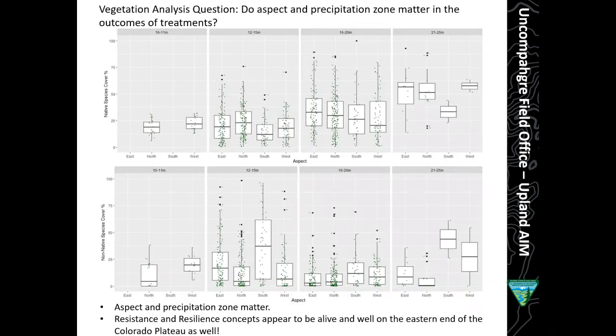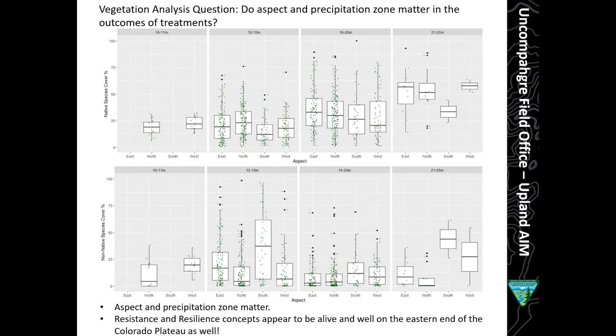Another question we wanted to look at is, do aspect and precipitation zone matter in the outcomes of treatments? So we embarked on a GIS exercise and attributed our data set with both aspect and precipitation zones. And looking at native species cover on the top figure there, lo and behold, aspect and elevation do seem to matter.